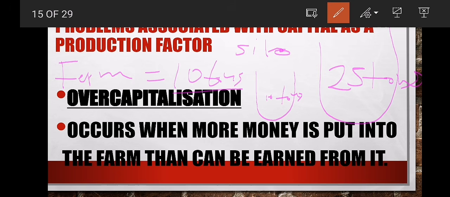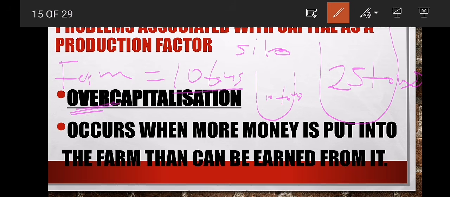Or else you decide to buy a big truck, but you don't need a big truck. You only need just one buggy. So you have invested more than what you need. Hence, we say it's over capitalization.